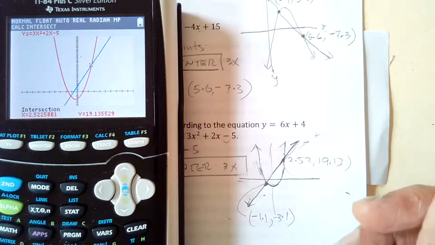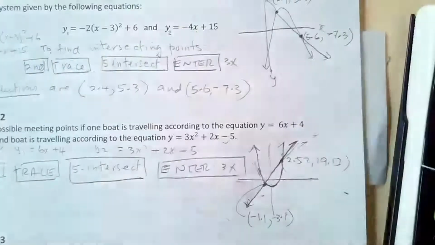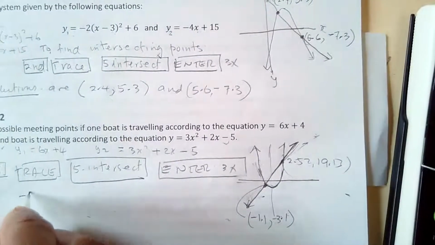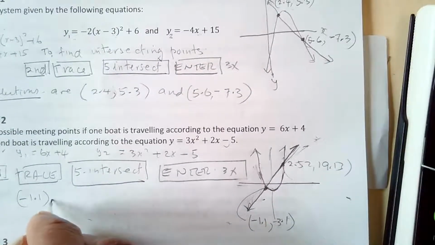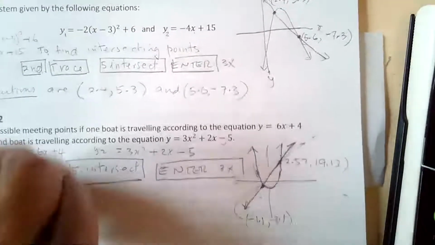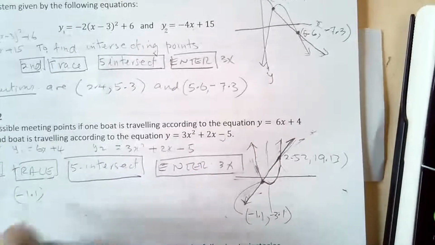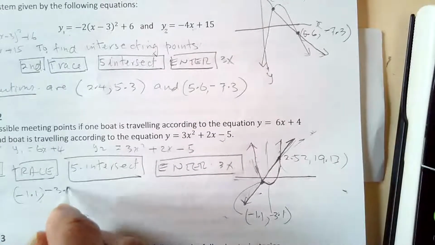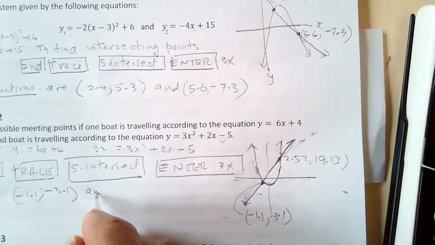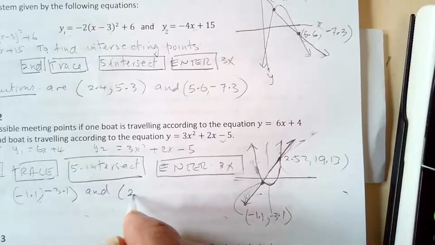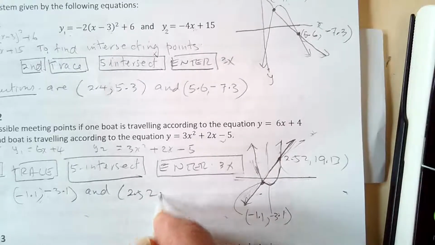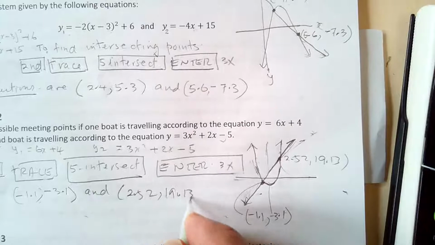So those are your solutions. So our solutions are negative 1.1, negative 3.1, and 2.52, 19.3.